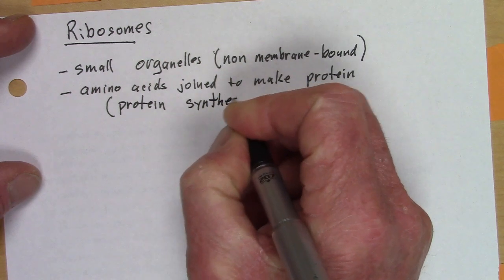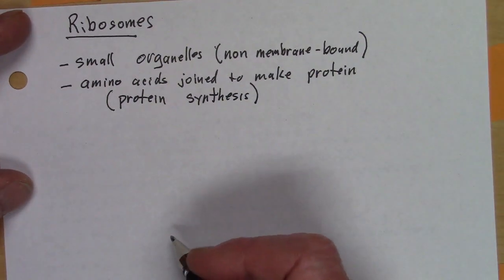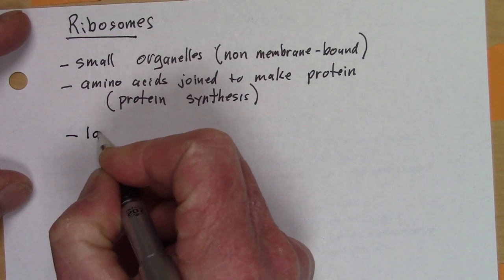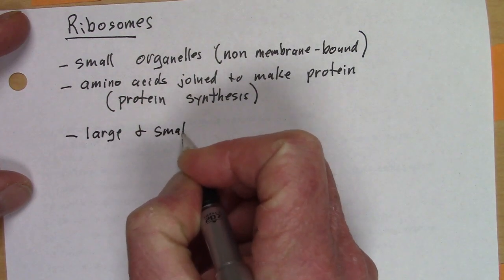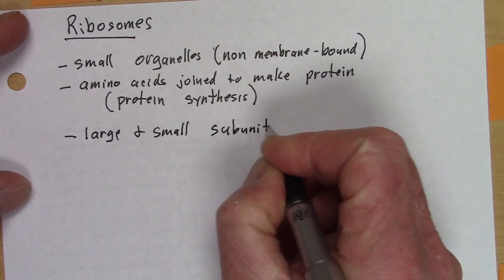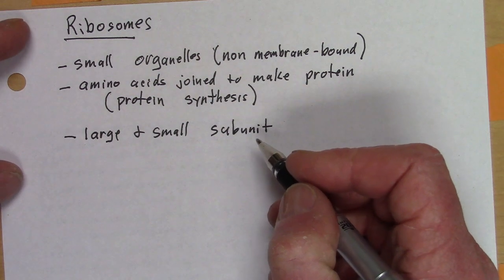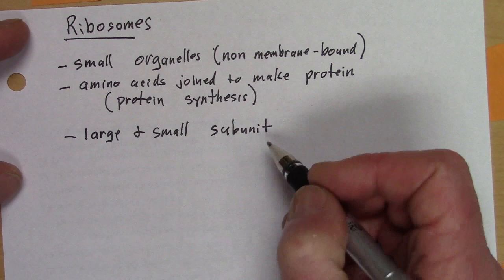So ribosomes are essential for that. And as I mentioned earlier, there is a large and a small subunit. And you remember that those subunits were assembled in the nucleolus. We previously talked about that. So a large and small subunit.